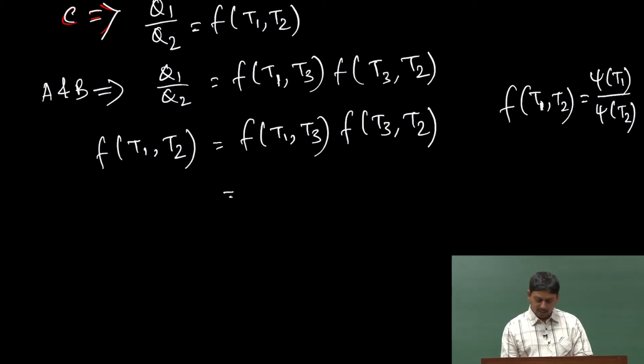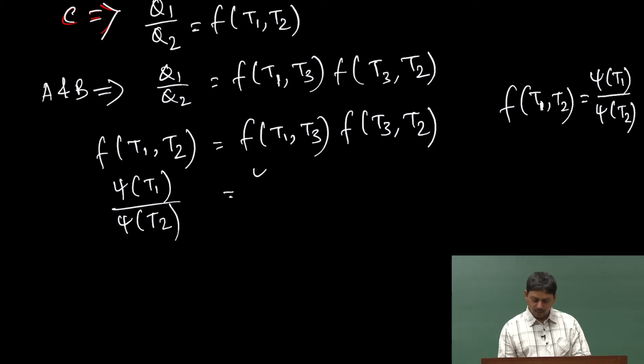Let us say if I write, and I can show you. So, this can be a function of psi T 1, which is a function of T 1, and this ratio is the overall function. We can write the same way.